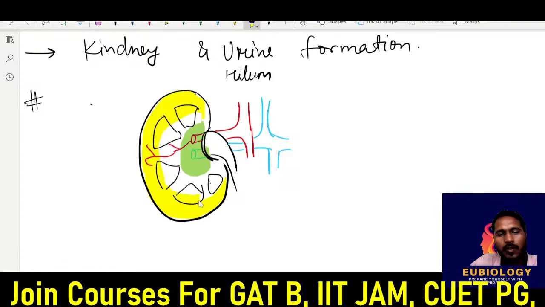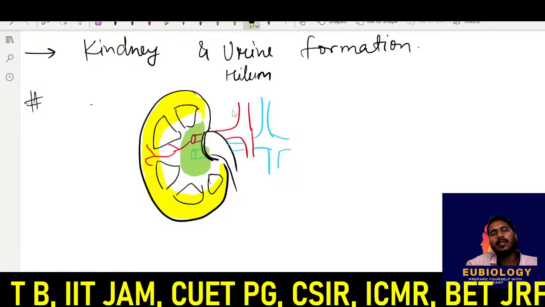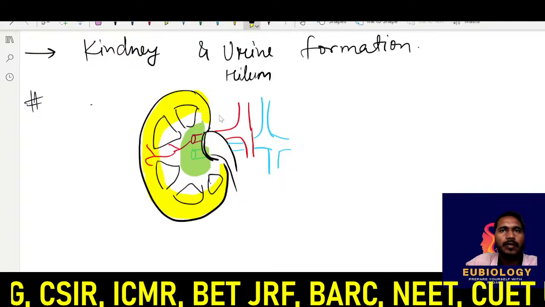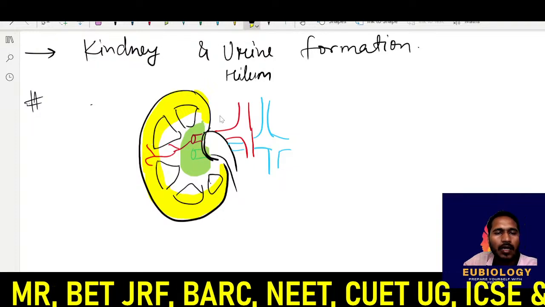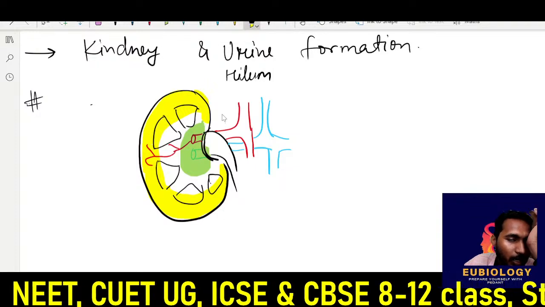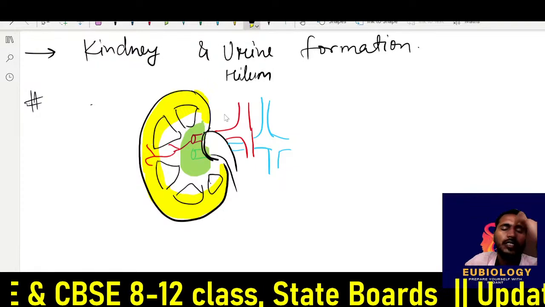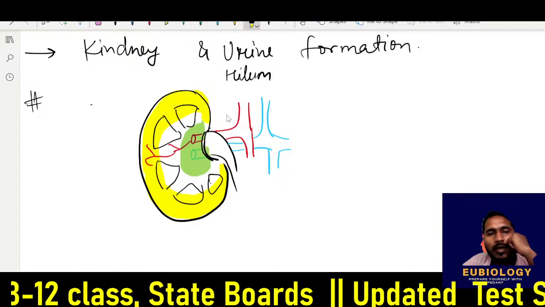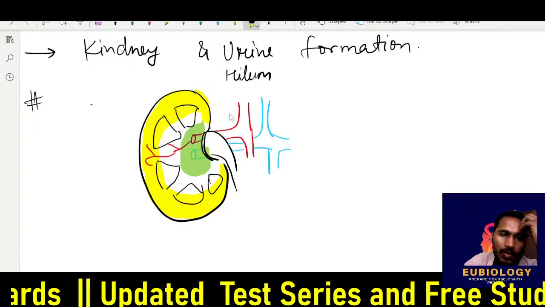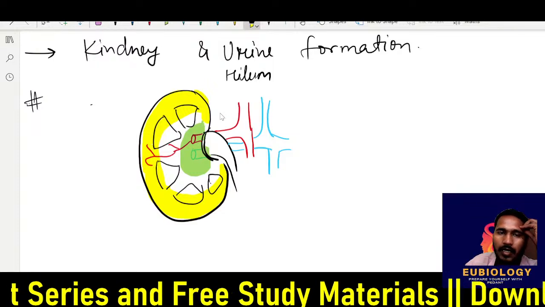So this is a very important topic, because it has one important concept, the RAS, renin angiotensin pathway. And it is related with so many different organs, like the adrenal gland, then vasopressin, like the posterior pituitary gland, and the regulation of the blood pressure is also here only. So that is a very important concept. They can ask questions from it directly.